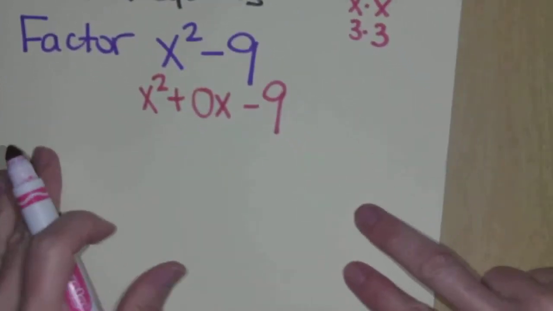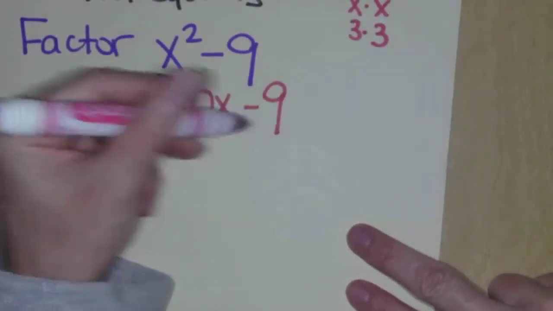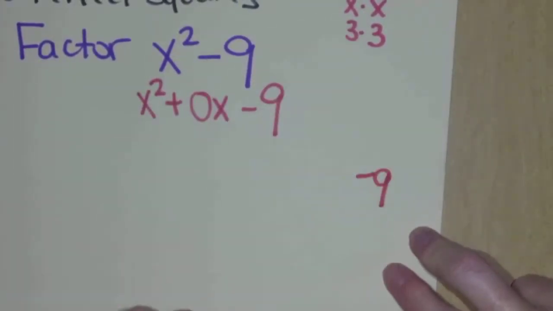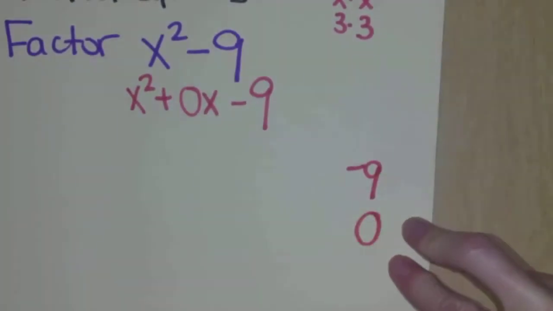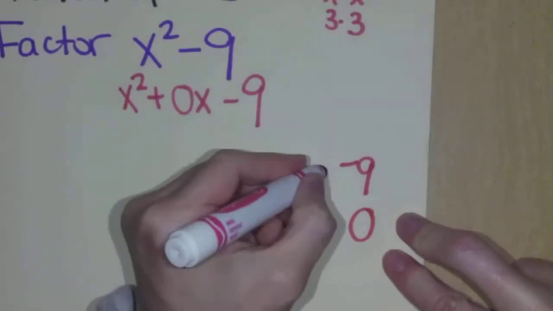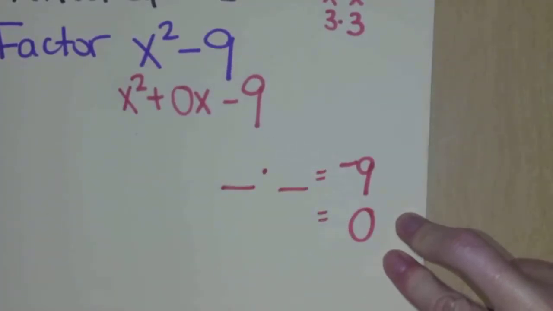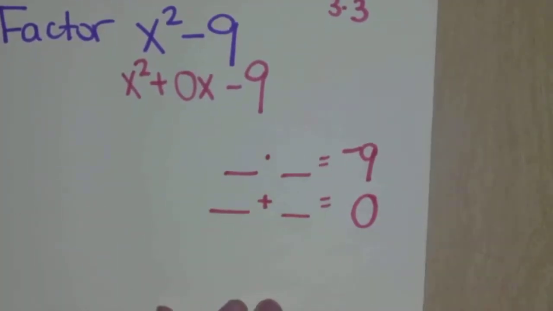So we're still multiplying the 1 on the x squared times the negative 9. So 1 times negative 9 is negative 9, and the middle slides down as 0. I'm looking for two numbers whose product is negative 9 but whose sum is 0.